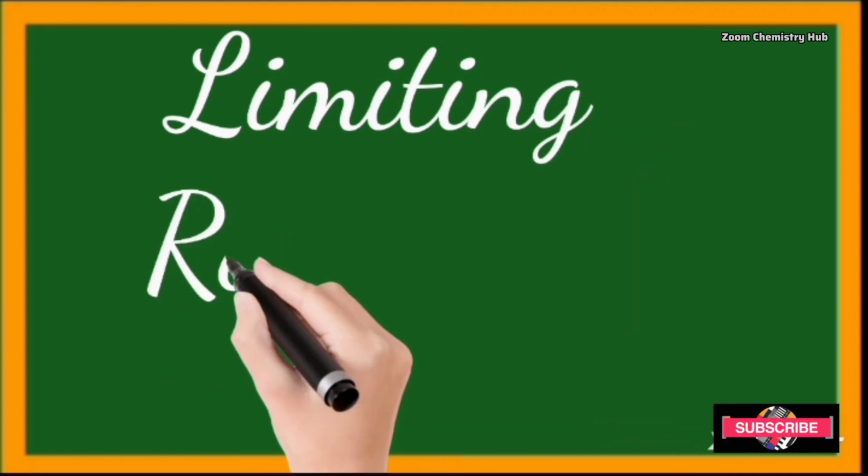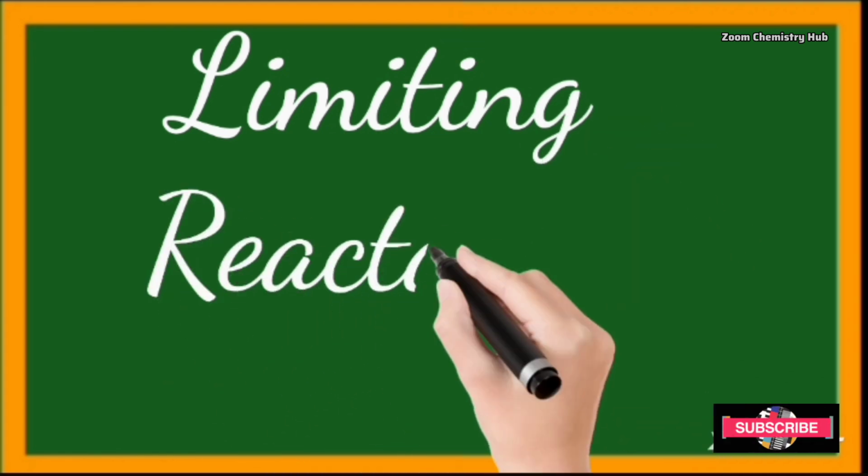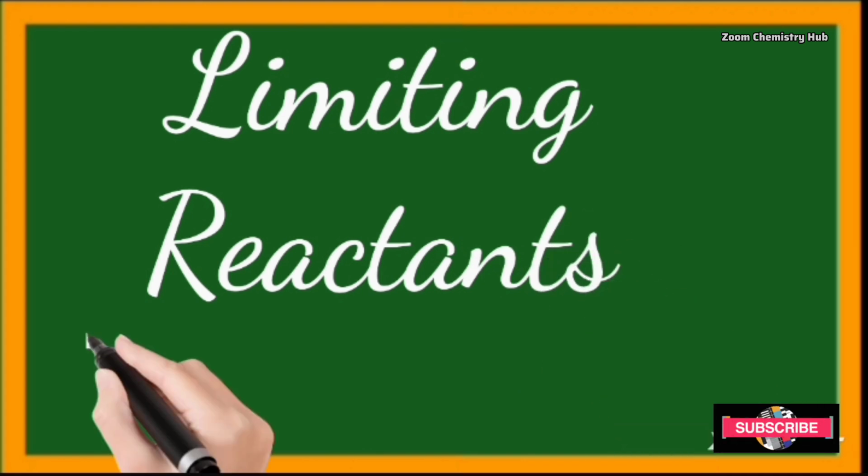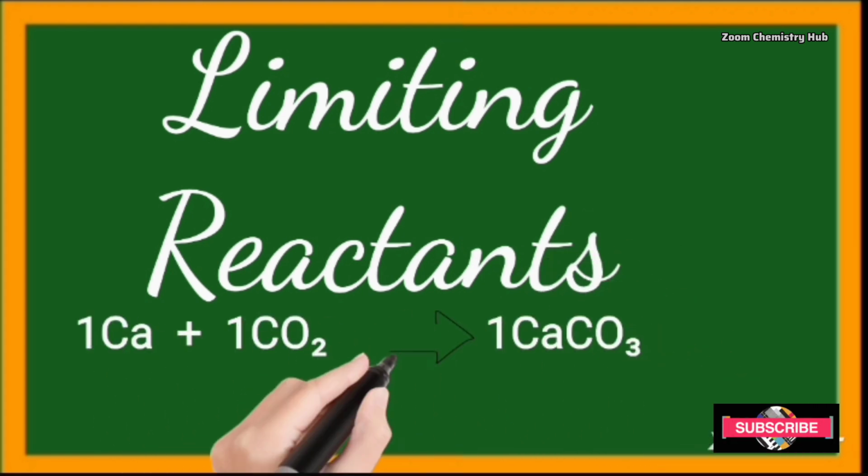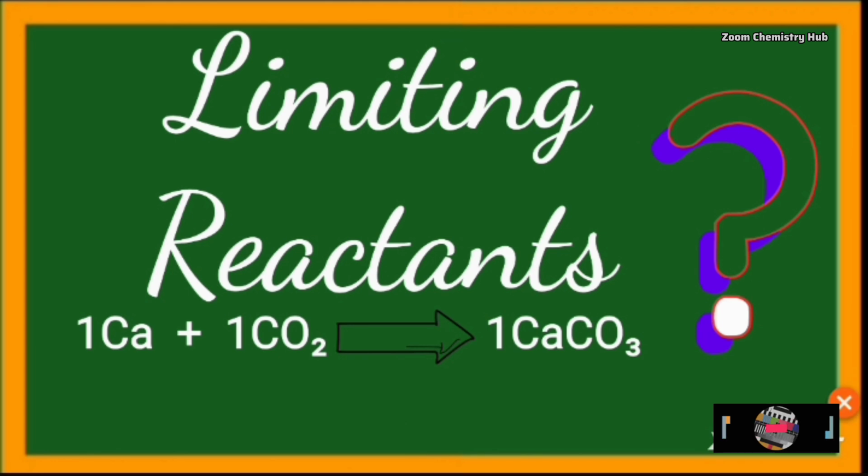Today in this video we will discuss and learn what a limiting reactant is, and how we can find the limiting reactant in a chemical reaction. For finding the limiting reactant we must know two things.